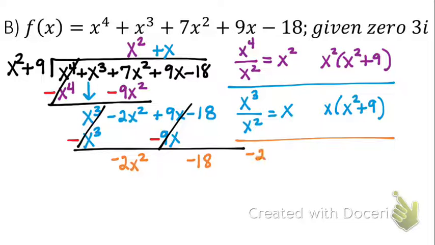Divide your negative 2x squared by x squared. What do you get? Negative 2. Put that on the top. And then you take negative 2 times x squared plus 9.